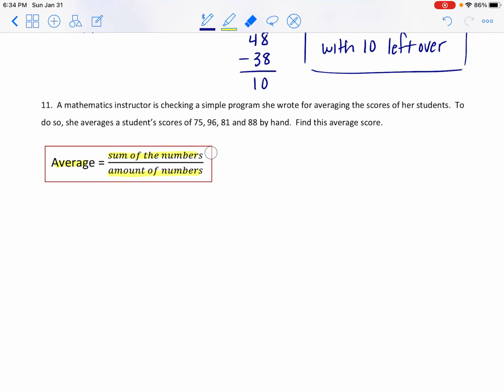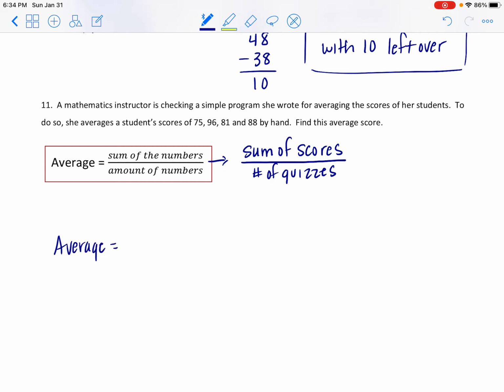So in this case, we want to find the sum of the scores, and we want to divide by the number of quizzes. Okay, so the average here is going to equal, we're going to add up the 75, the 96, the 81, and the 88, and then that's going to be divided.